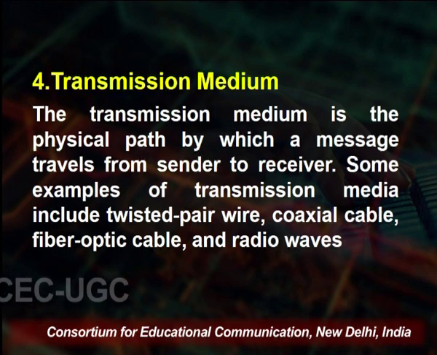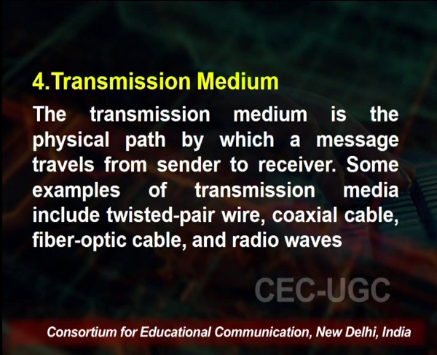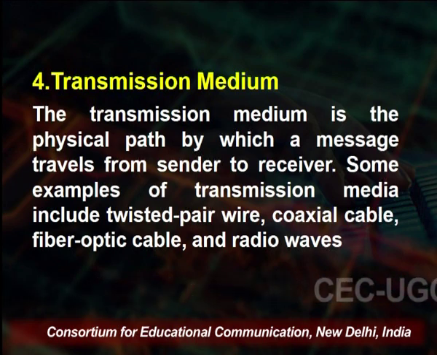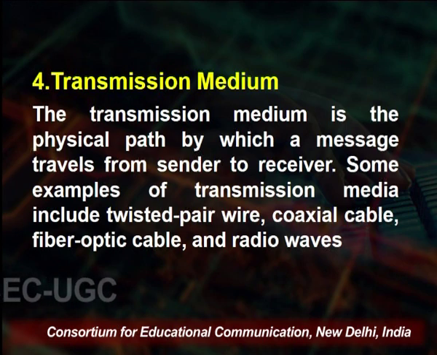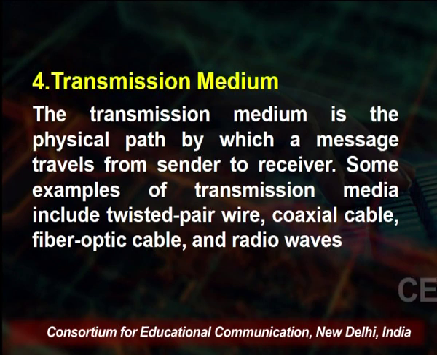After that, the important component is the transmission medium. Transmission medium is the path by which a message travels from sender to receiver. Now this transmission medium could be guided or unguided. We will talk about these two in our upcoming lectures.